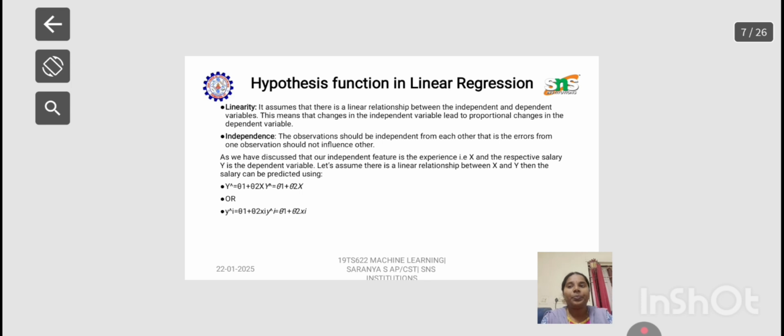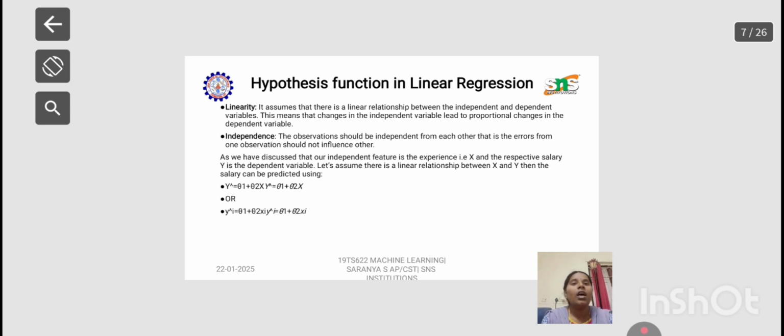Here the small i belongs to capital Y, where i equals 1 up to n, the labels of the data. It is supervised learning. Then x i belongs to capital X, where i equals 1 up to n, the input independent training data.